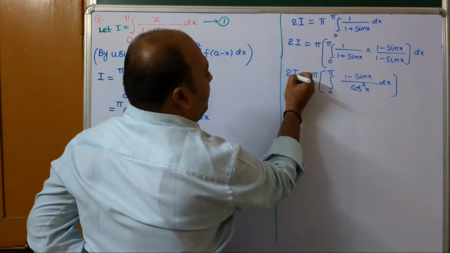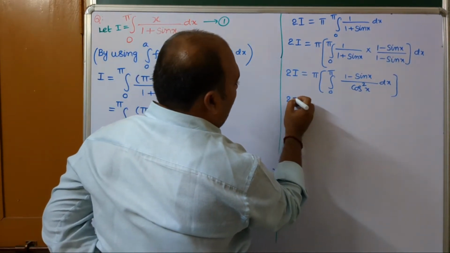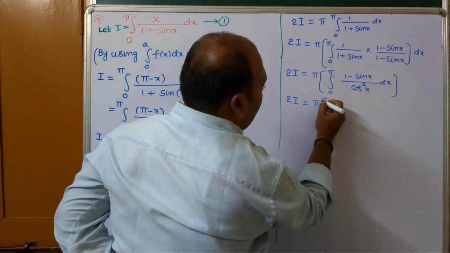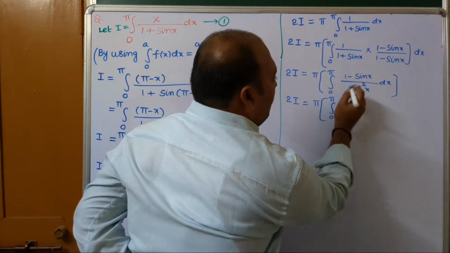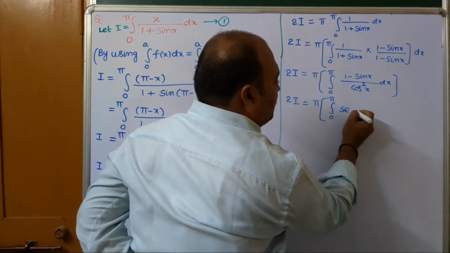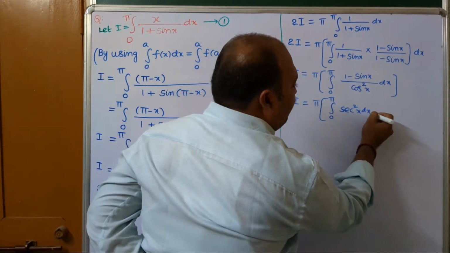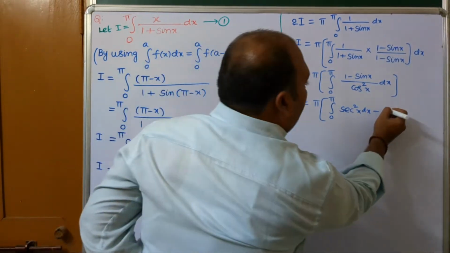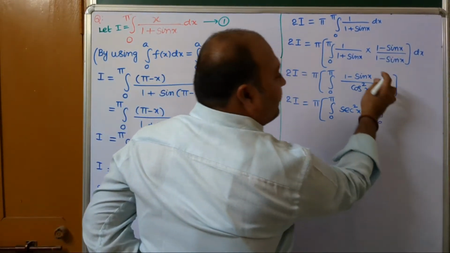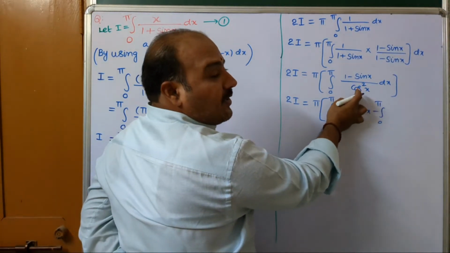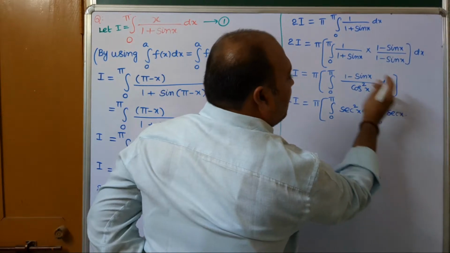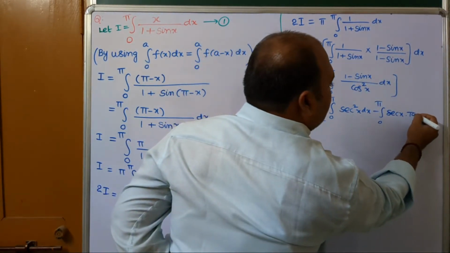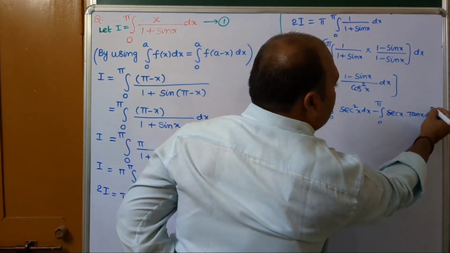So 2I equal to pi into integral 0 to pi 1 by cos square x, secant square x, like the previous term only, minus integral 0 to pi 1 by cos x, cos square x can be written as cos x into cos x, 1 by cos x is secant x, sin x by cos x is tan x, into dx.